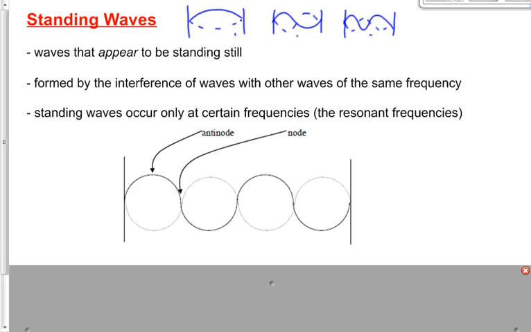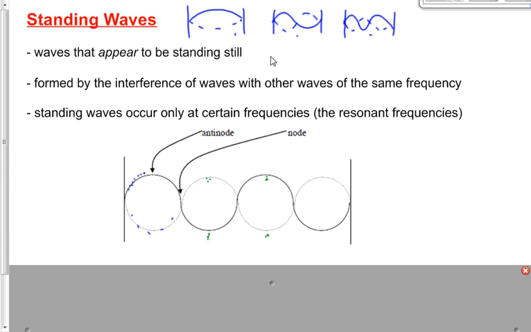Now, the diagram that I've got on the board here isn't fantastic. It's more circular than sinusoidal, but you get the idea. Okay, we get a wave that looks like this, the solid line wave, and then you've got this dotted line wave down here that kind of complements that. We know that the string is going back and forth between the bottom and the top.